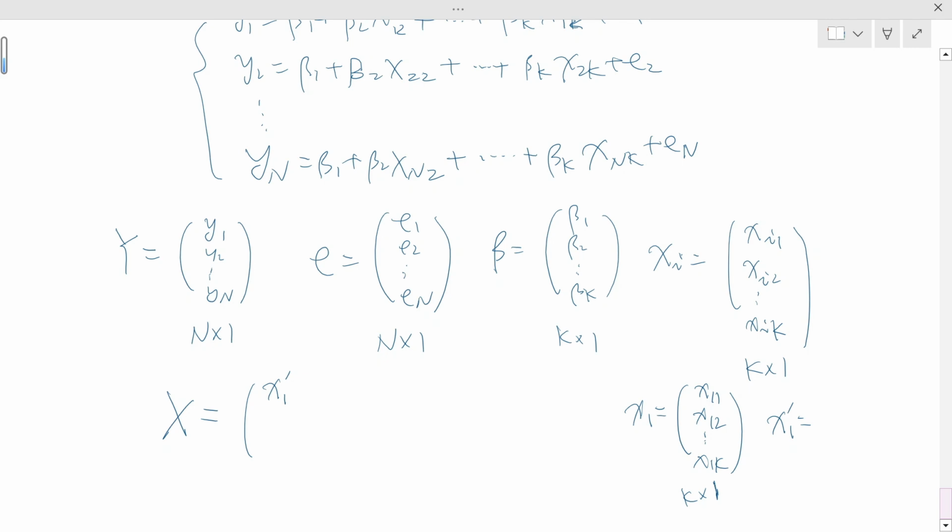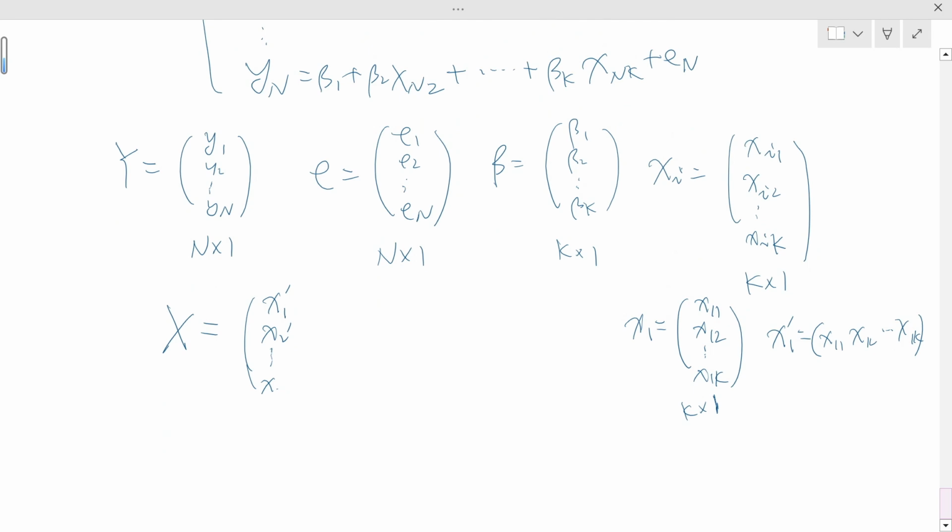Then the transpose x1 prime will be 1 by k, so 1 row and k columns: x11, x12, up to x1k. So that's what it means to transpose. So first observation x1 prime, second x2 prime, and so on up to xn prime.